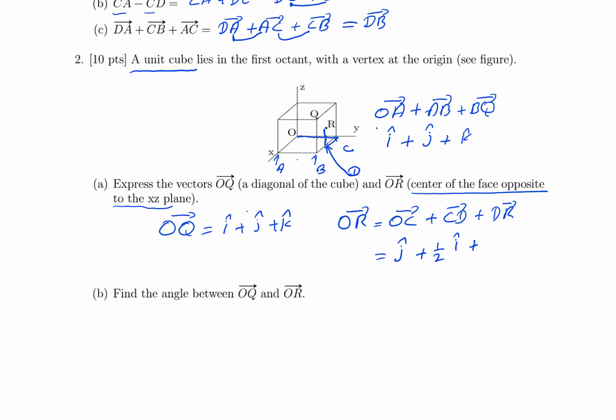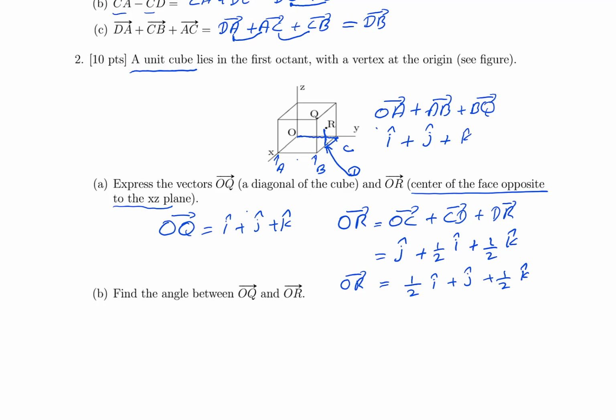Then DR is parallel to the z-axis and half of the unit cube, right? Therefore, DR is half of that length, half of the BQ length. Therefore, we can say one half k. So the answer is OR vector is one half i plus j plus one half k. That is the OR vector.